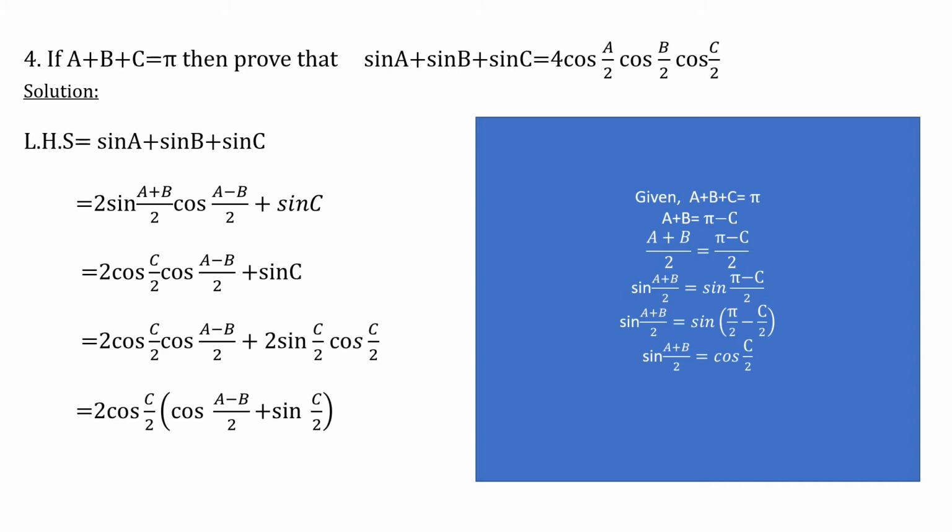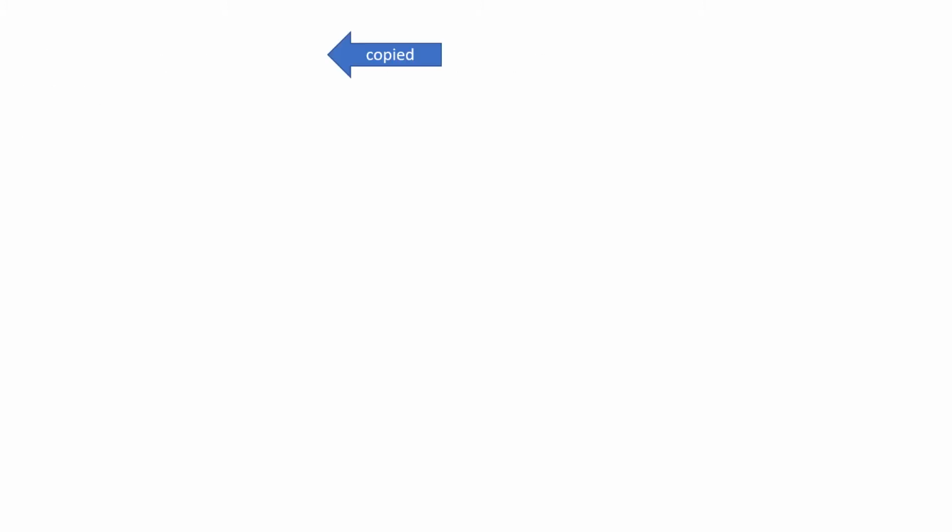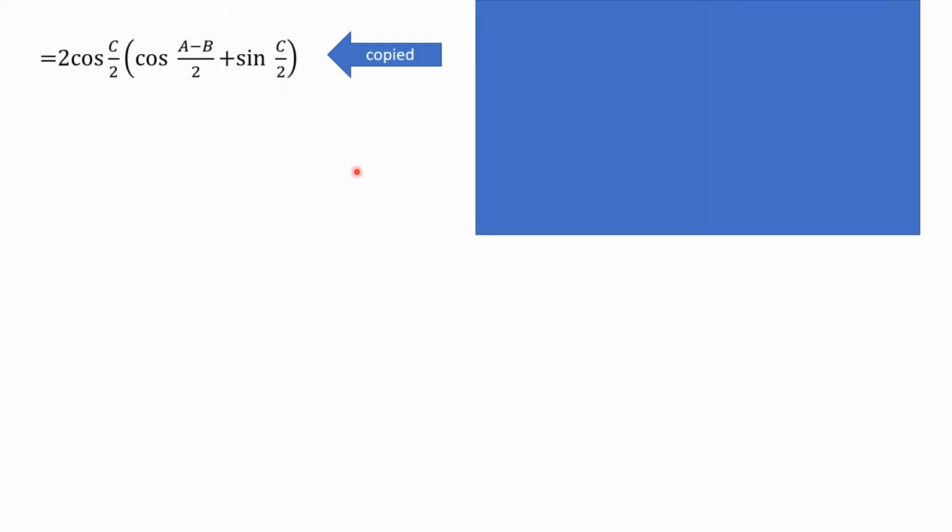And thereafter, we have copied this line from the previous page as it is to avoid confusion. Now, to continue further, again, as per the question, A plus B plus C is equal to pi. So we can write this as A plus B is equal to pi minus C, and then we will divide both the sides by 2.